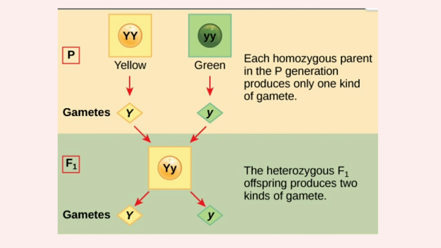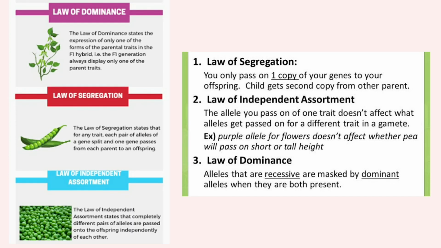By assumption 3, that the dominant one is expressed, capital Y will be expressed, so they will all be yellow. So based on these observations from several other experiments, Mendel came up with a general observation which we now call Mendel's laws, which we will try to understand in our next video.